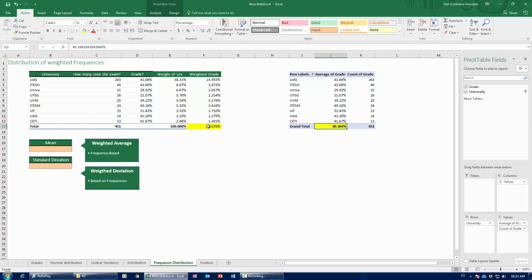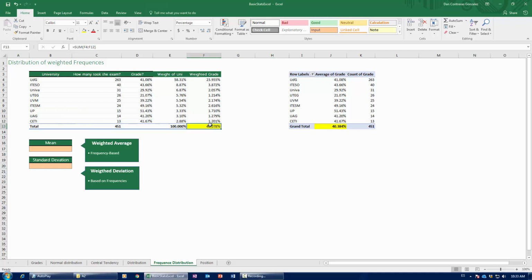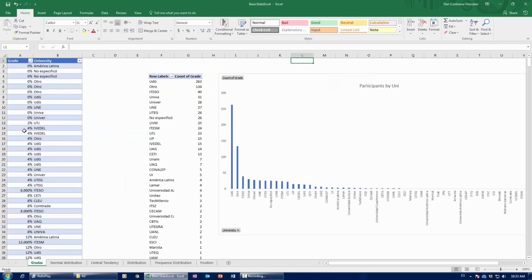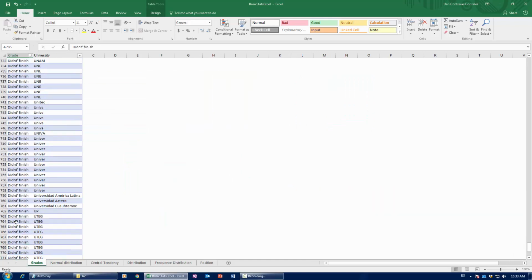But the pivot table is the reason why the one by hand is not as correct. Why? Notice how we have the exact same amounts, both by grades and by count of grades. I'm sorry, by the amount of people that come from each university. But let's go look at the original table. We have a bunch of people right here that didn't finish the exam.